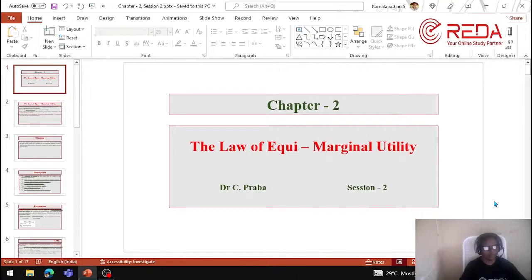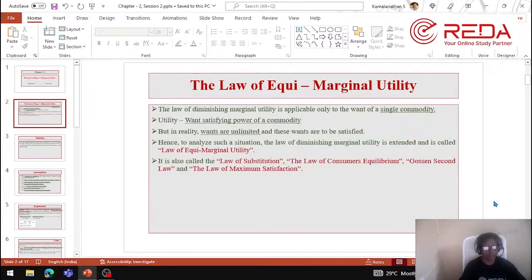Whereas the law of diminishing marginal utility was analyzed with the help of only a single want of an individual, we have studied it with the help of a single commodity.